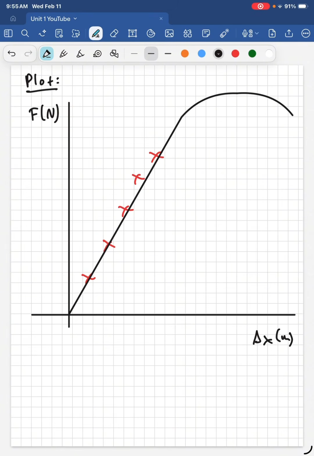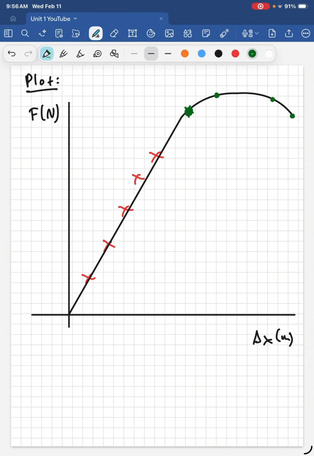In this region, let me mark some important points here. There is this point over here, which is important. We will talk about it. And then there is another point like this. That one, then that one, and then that one. Let's talk about all these points.